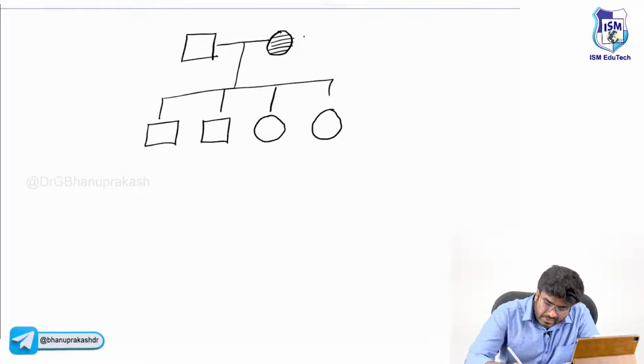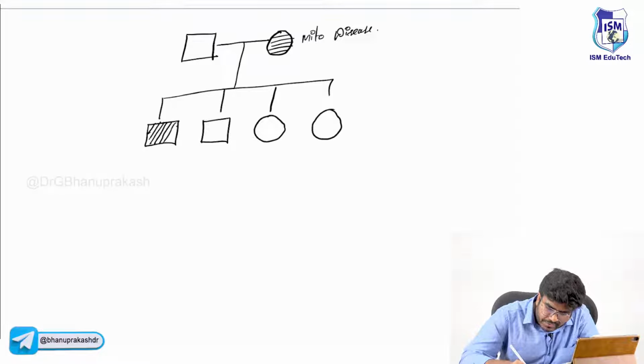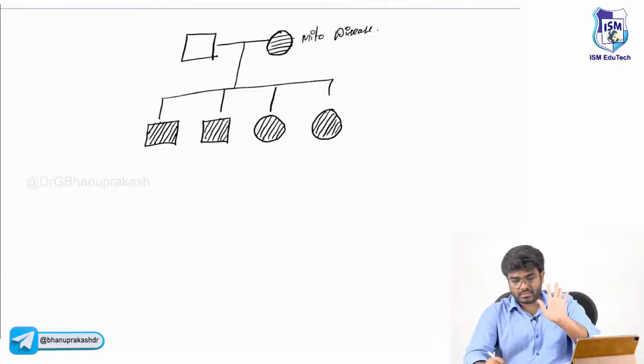Sir, the mother is having mitochondrial disease. If the mother is having mitochondrial disease, all these four offspring are going to be affected with the disease. Which disease? I will discuss, don't worry.